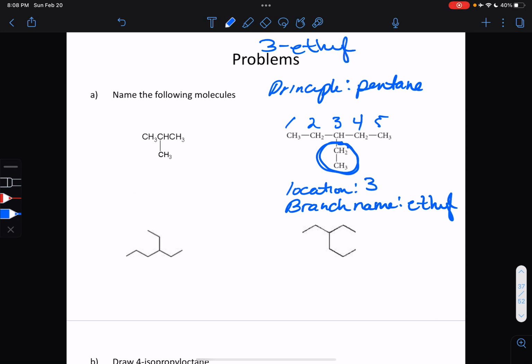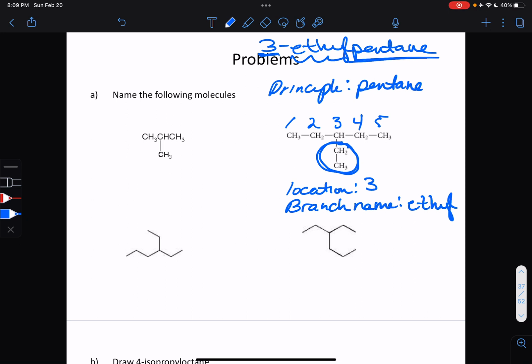And then pentane. So we've got a 5-carbon principal chain, which is called pentane, and we have a branch hanging off of it. Well, where is that located? It's on carbon 3, and what is it? It's an ethyl. Okay, moving on to bottom left.